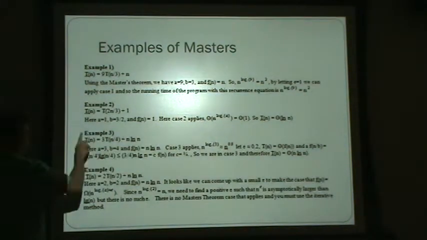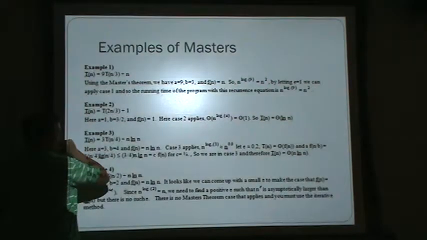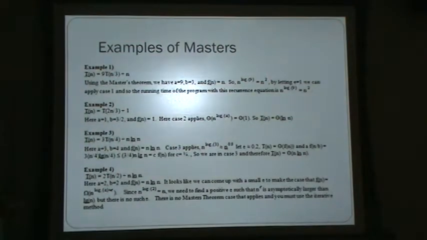The second one, T of n equals, this looks like an algorithm that, every time you call the algorithm, calls itself with 2/3 of the original input. And then it does some constant time operation, one step after it's done.